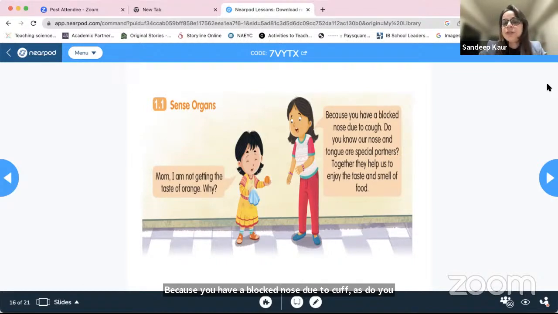Together, they help us enjoy the taste and the smell of the food. So then you can address any misconception. You can do some intentional teaching while you've scattered your VTRs in the lesson. If there's anything my children are not able to understand, you address those, right? That's how I brought this.